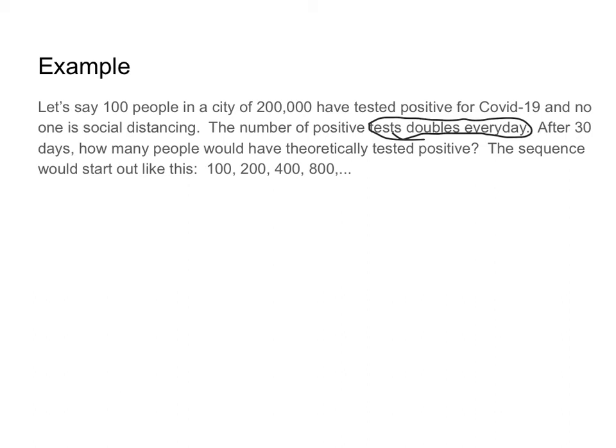So if this is doubling every day, that tells me it's a geometric sequence because it's multiplying by the same thing, and our common ratio, if it's doubling, multiplies by 2. So I can figure out my sequence. This is what it would look like if it's doubling every day. You can see it's going to get a lot of people pretty quick. So a sub 1 would be my 100.